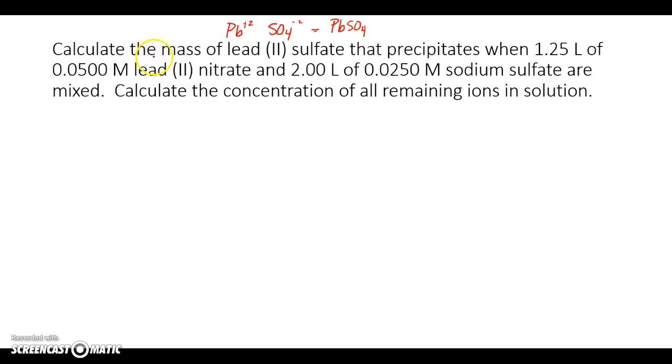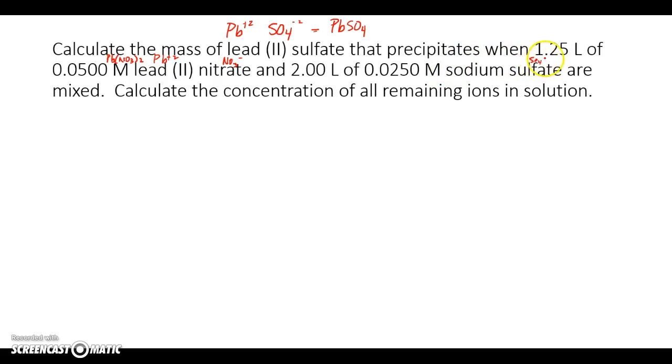So lead 2 nitrate, nitrate, remember, is an NO3 with a minus charge, and lead has +2. So in this case, that's going to be Pb(NO3)2, and 2 liters of 0.25 molar sodium sulfate.